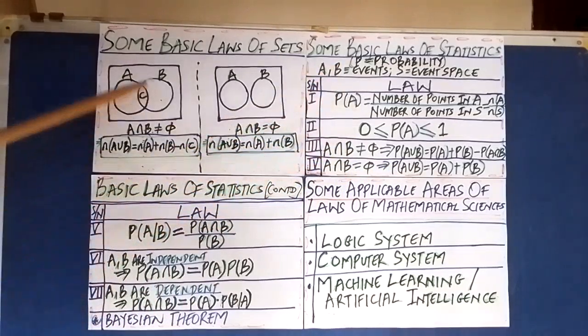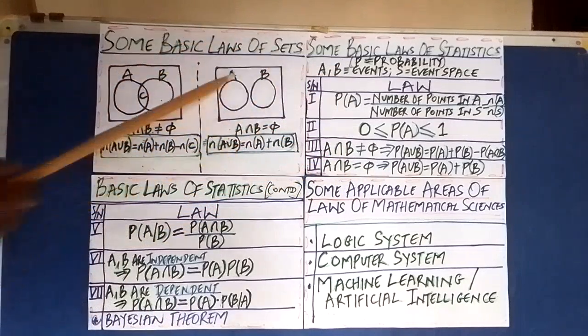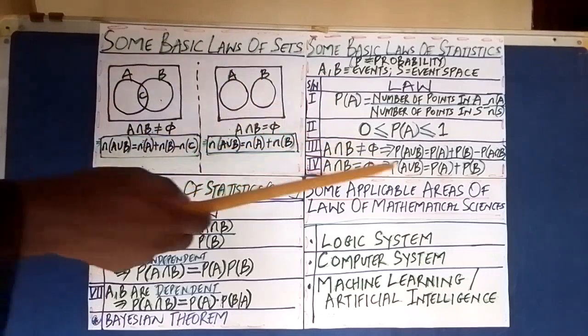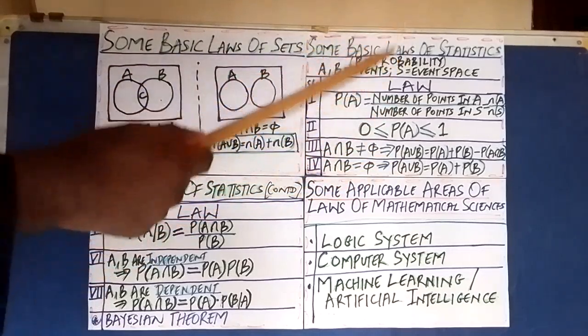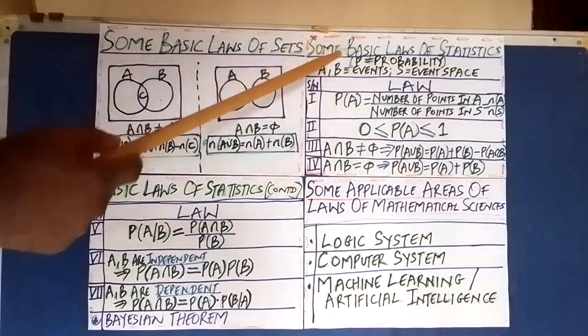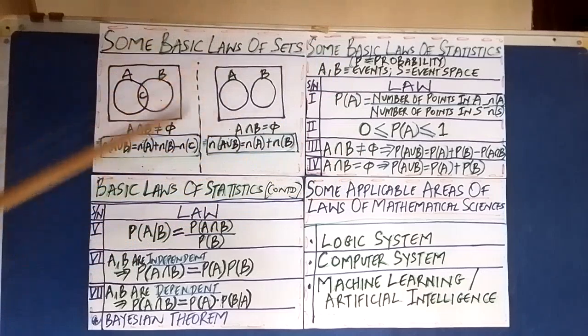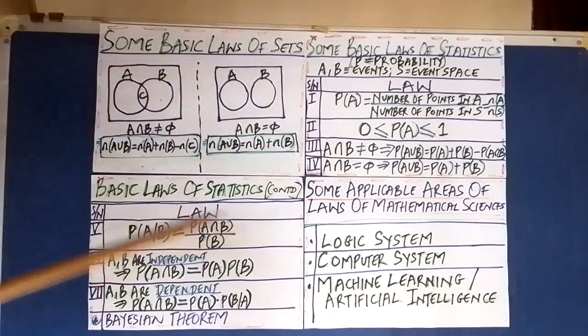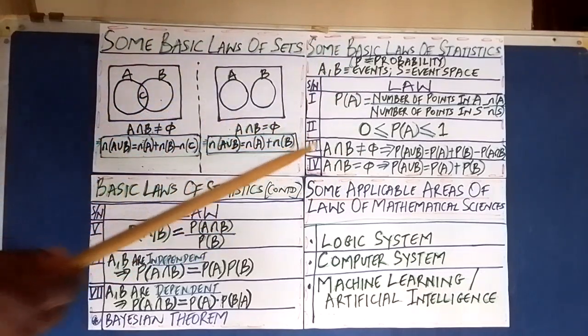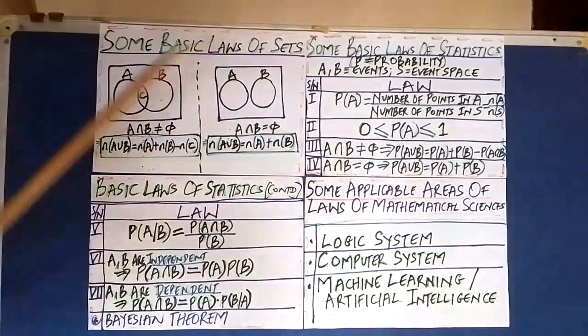So we can see that it's still a consequence of some of the basic laws of sets. That's what the mathematical statisticians apply here, because there is consistency in nature, there is consistency in mathematics.